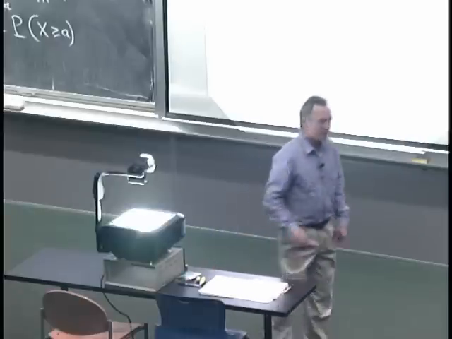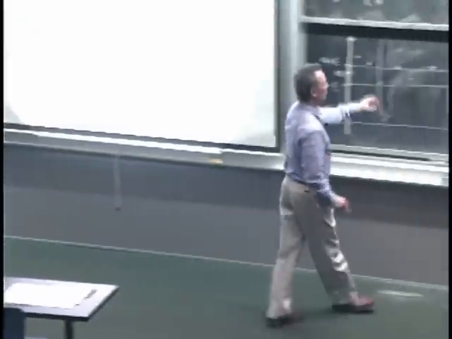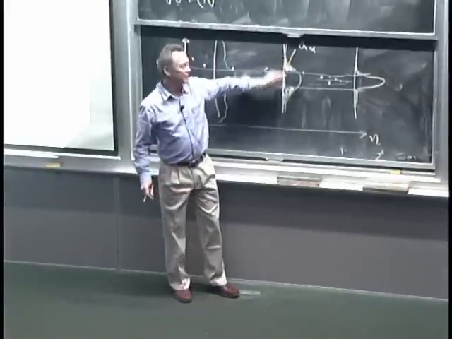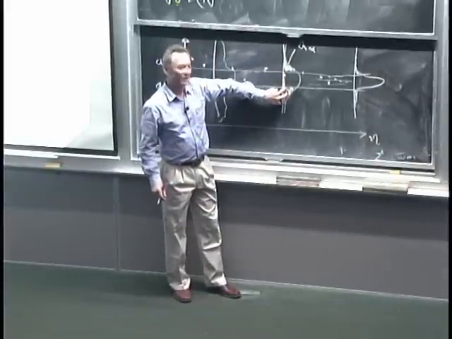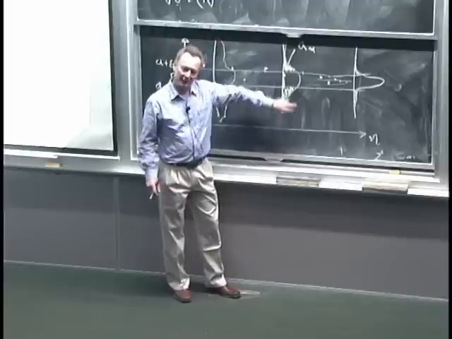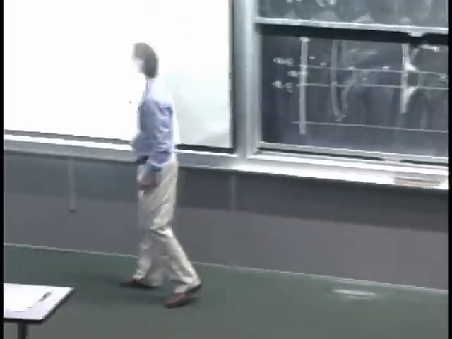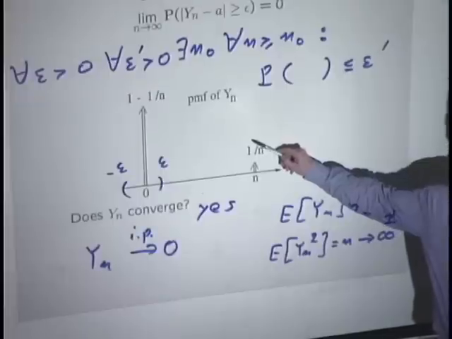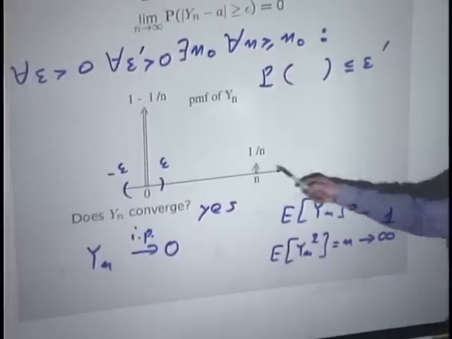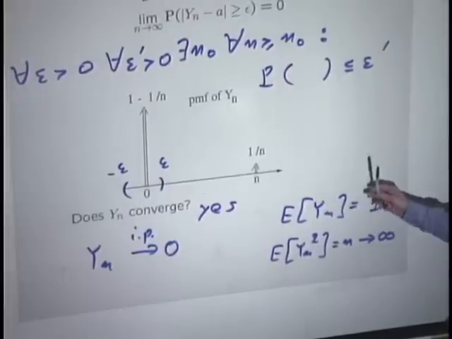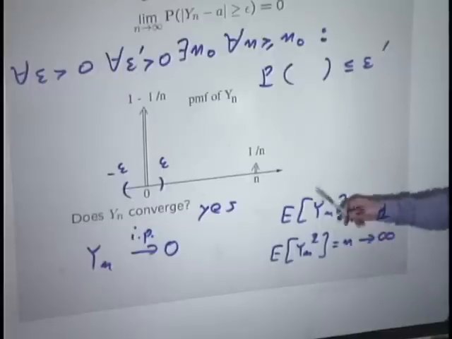The reason is that convergence in probability tells you that this tail probability here is very small, but it doesn't tell you how far this tail goes. As in this example, the tail probability is small, but that tail sits far away, so it gives a disproportionate contribution to the expected value or the expected value squared.